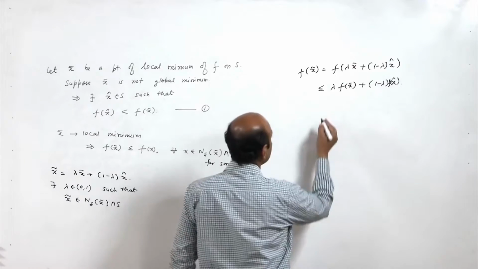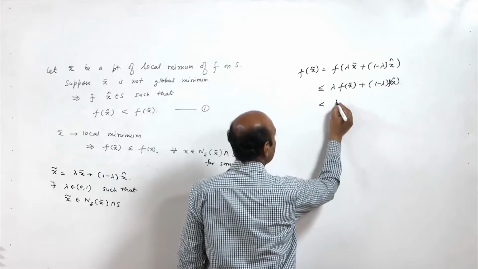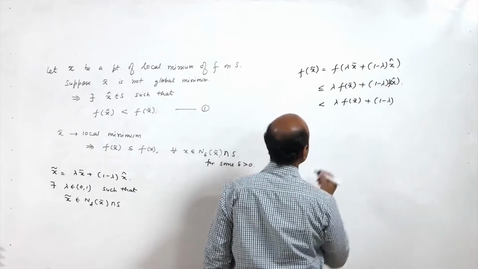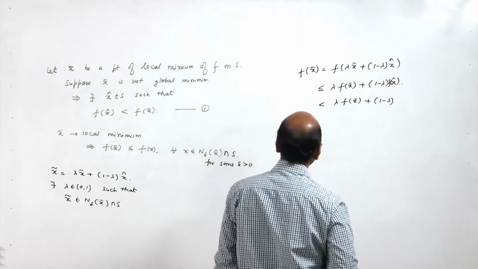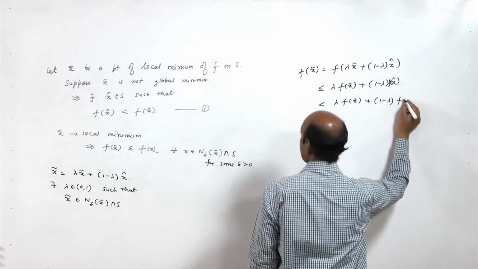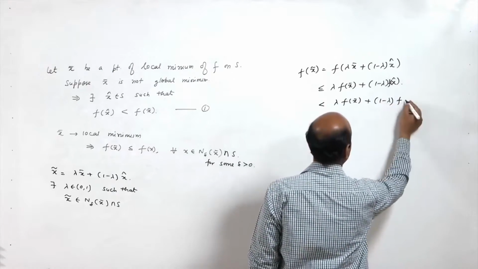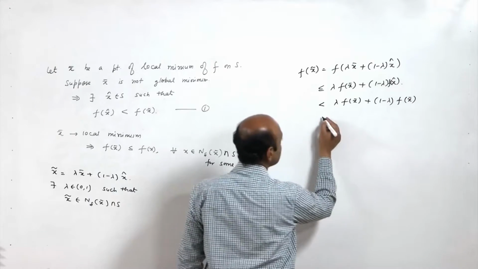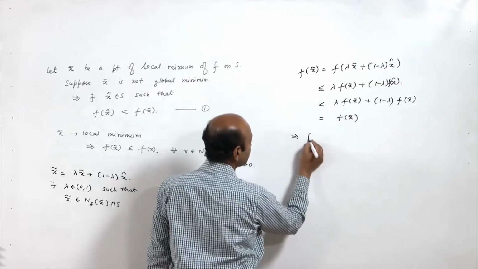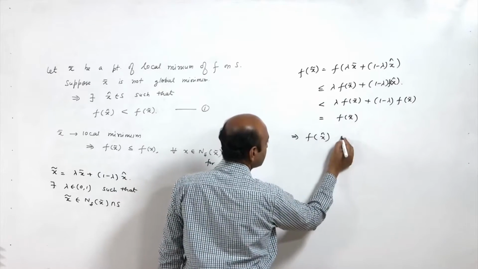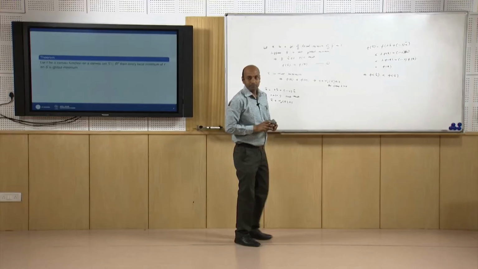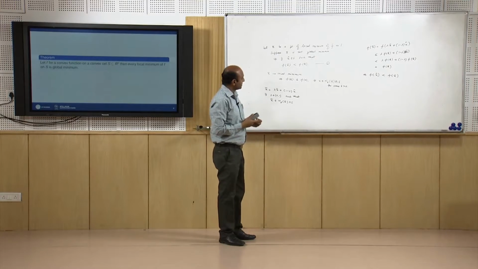So, this is strictly less than lambda f(x bar) plus (1 minus lambda) f(x bar). So this is equal to f(x bar). So this implies f(x tilde) is strictly less than f(x bar).